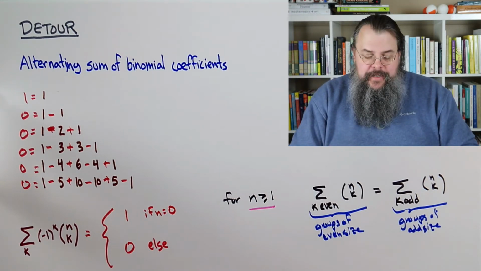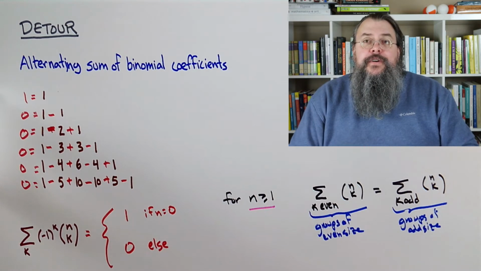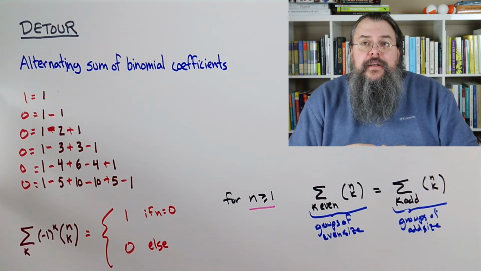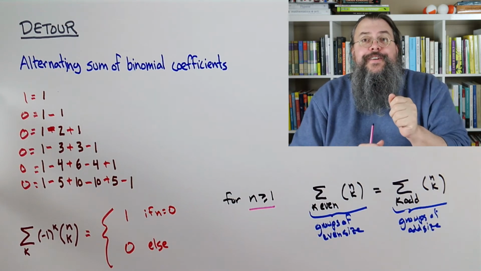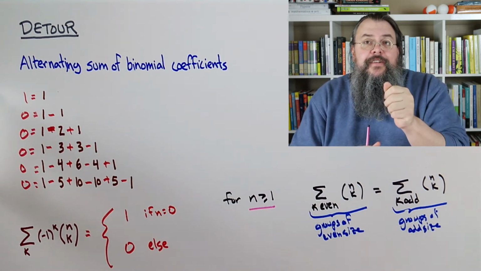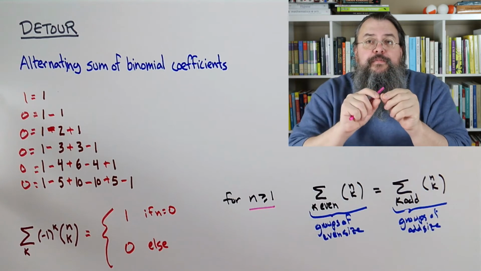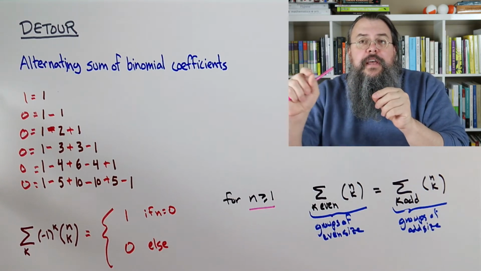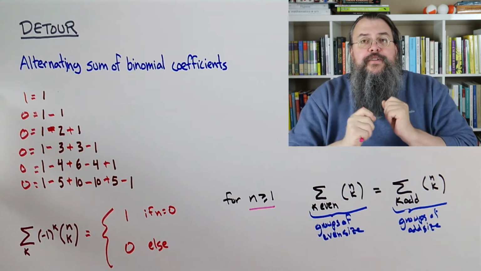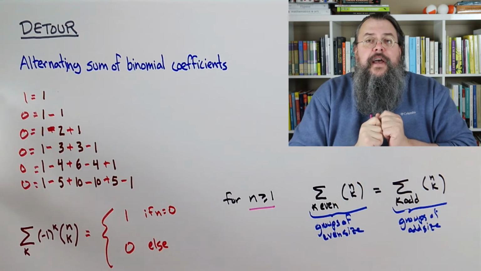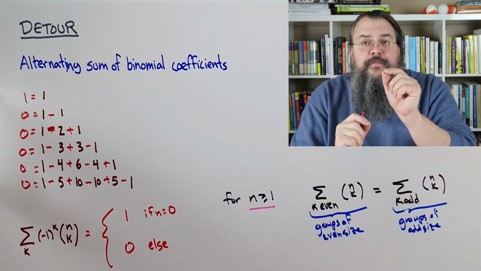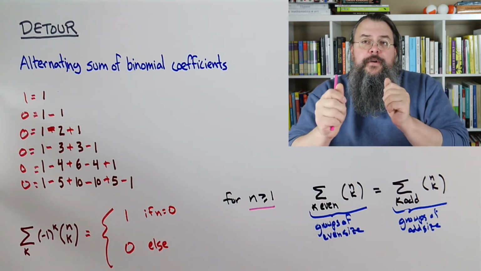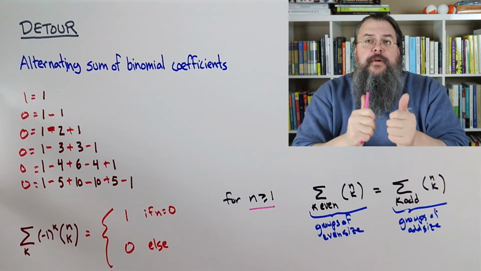Now for every set, either that special element is in it or it's not. If it's in it, you should pair with the same set where we take that special element out. And if it's not in, you should pair with the same set where we put that special element in. So in other words, we pair things up.